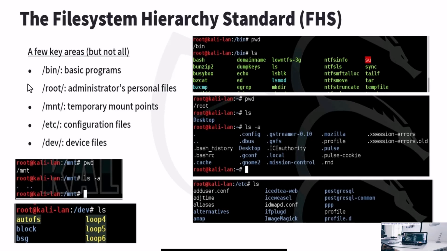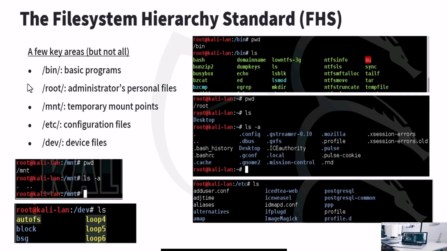For example, the folder called bin contains the basic programs, some commands we usually use in our daily activities on Kali Linux, like ls, which lists the contents of any folder, and mkdir, which is used for creating a new folder, and so on.